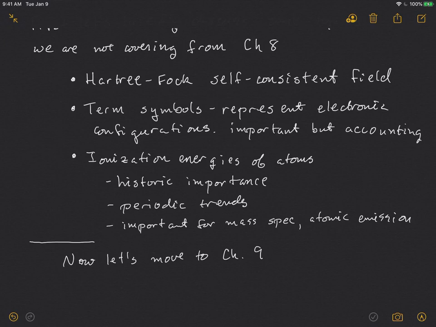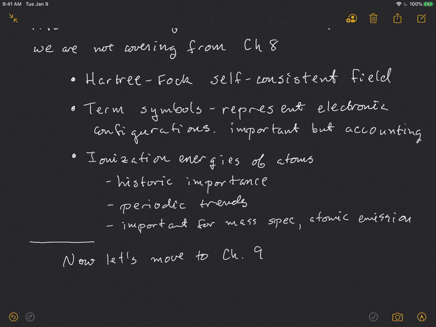They show important periodic trends: the first column, of sodium and lithium and so on, has very low ionization energies, and there's a periodic trend as you move across the periodic chart from column to column.